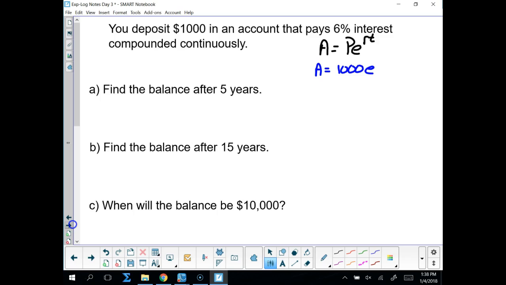My rate is my rate. Now, because it's interest, that means it's growing. If this was decaying, then it would be negative 0.06. But because we're growing, it's just 0.06 to the t power.